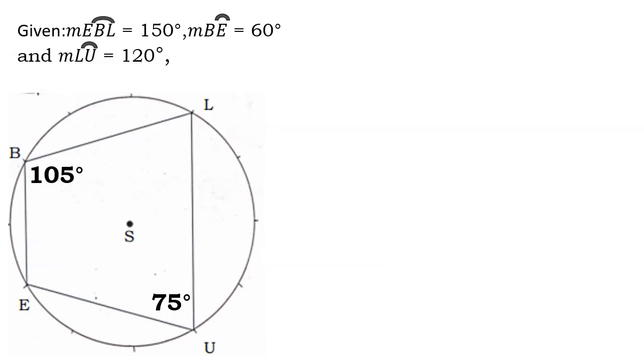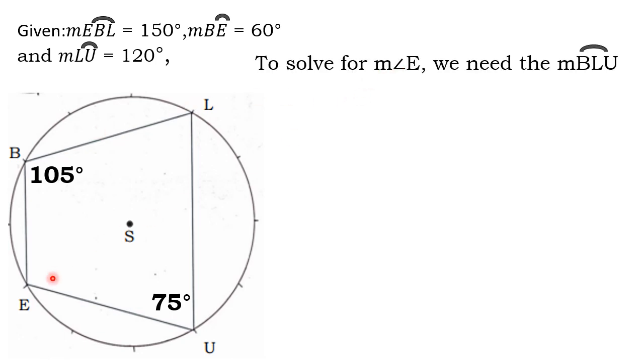Next, we have to solve for angle E. So to solve for angle E, we need to have the measurement of arc BLU, but it's not given. We only have the given of arc EBL and arc LU. So we have to solve first for the measurement of arc BL.